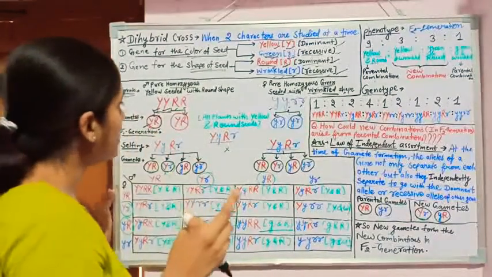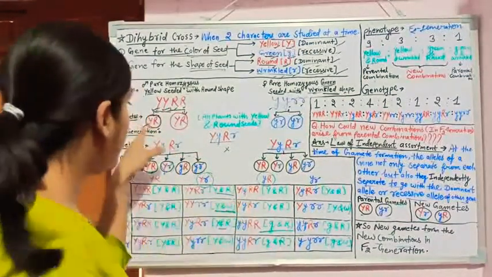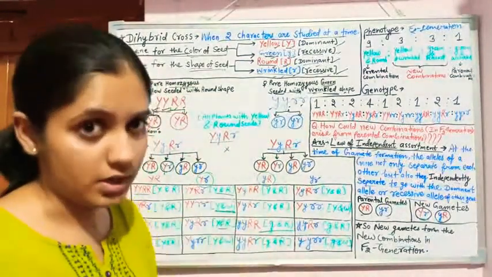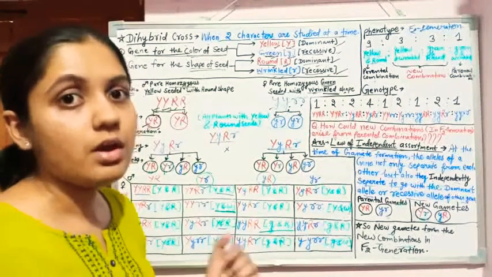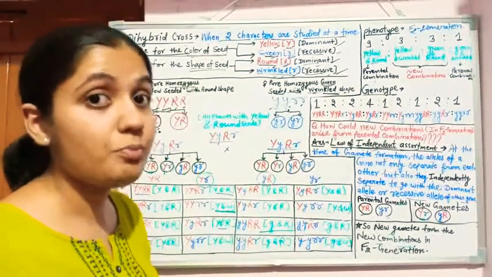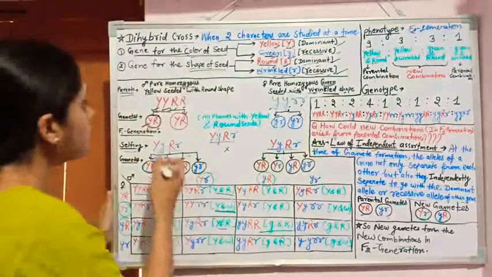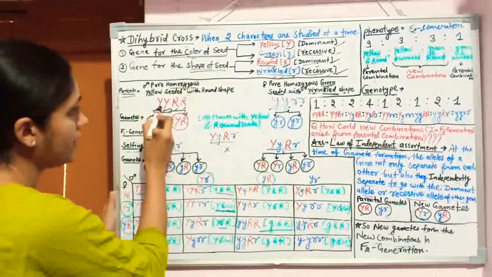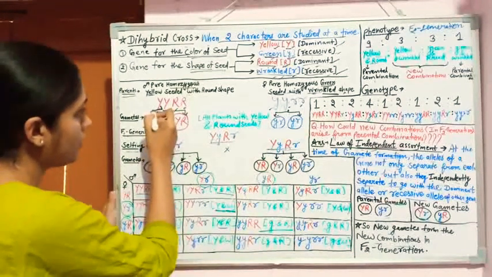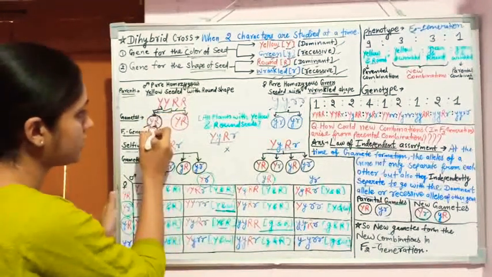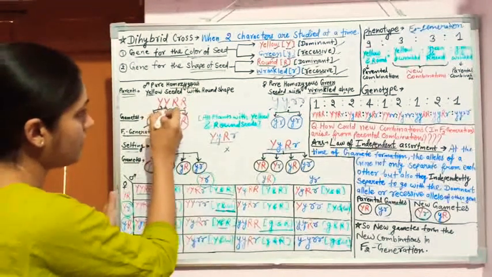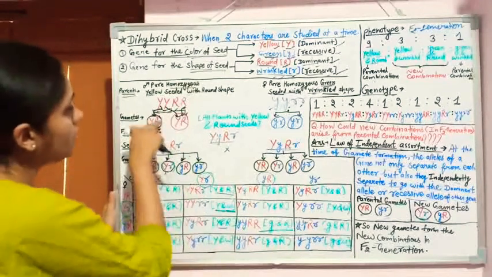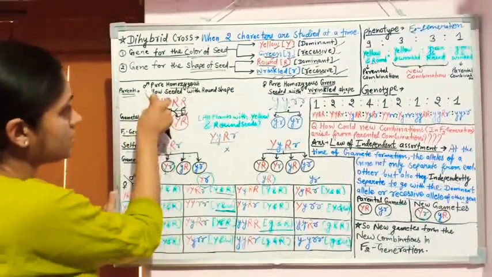And the second thing is, in one gamete both the alleles of a single gene do not enter. That is the law of segregation, which is also known as the law of purity of gametes. So here one capital Y can go and form a gamete with this, and the other capital Y forms a gamete with the other one. So the two capital Y alleles separate from each other.